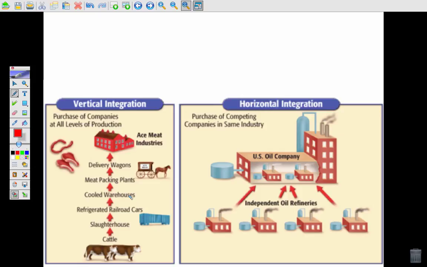Then the refrigerated railroad car is going to deliver the slaughtered meat to a cooled warehouse. And our cooled warehouse can be one step of processing, where to store all that meat. Then another part of our processing can be getting it to a meat packing plant.